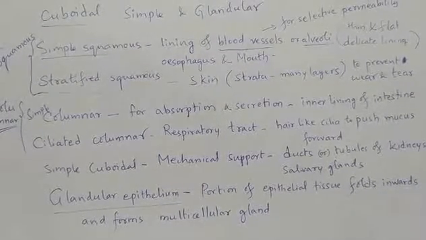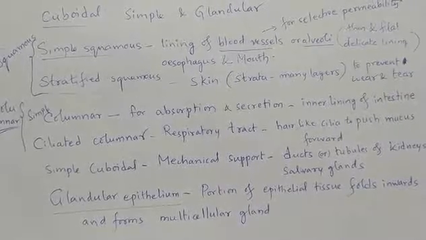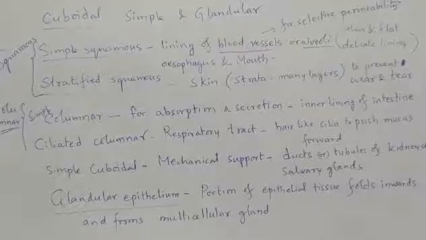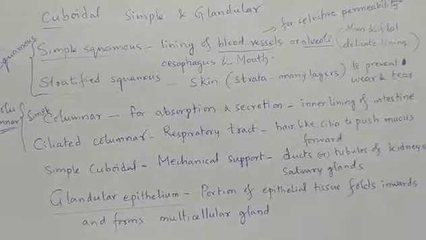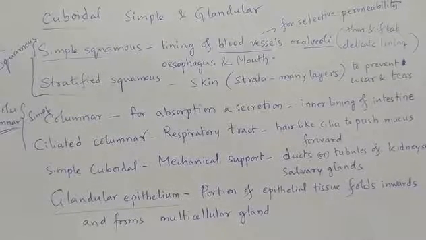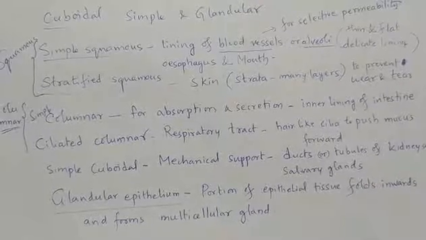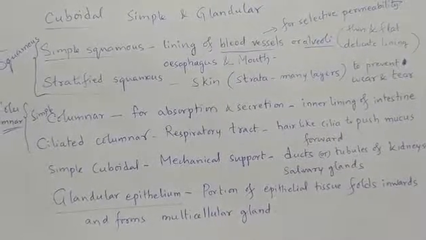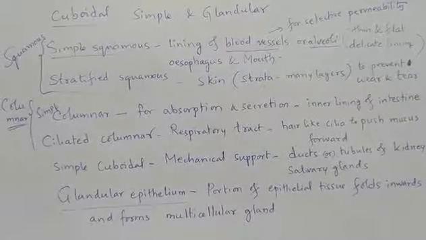In terms of absorption, inner lining of small intestine absorbs the final digested end products through its villi, and excess large volumes of water are absorbed by inner lining of large intestine through its villi. So, this columnar epithelial tissue plays the role.